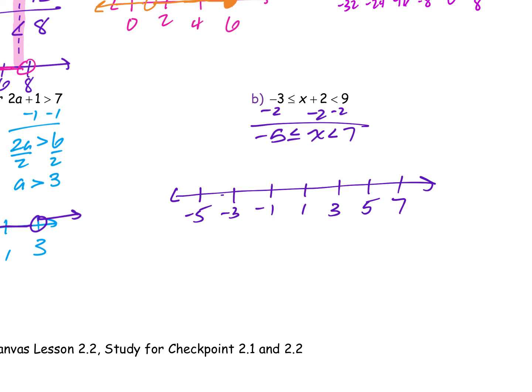X is greater than or equal to negative 5 and less than 7. That's an open dot at 7, less than 7. There we go.